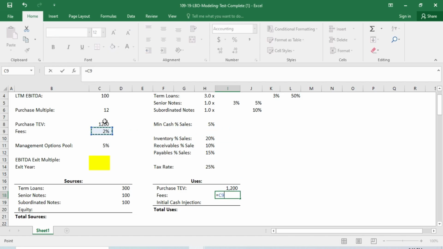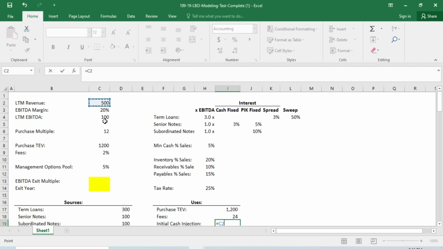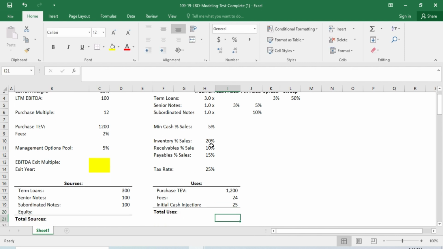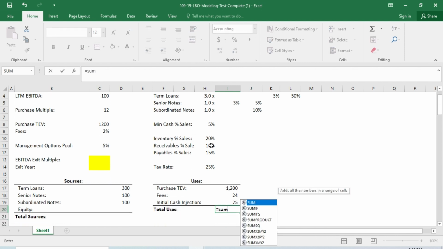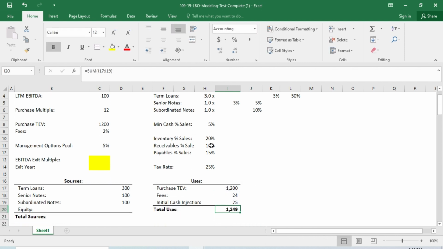Fee is 1200 into 2%, and initial cash is whatever the revenue was in the previous year multiplied by minimum cash. It's 1249 million funds will be utilized.